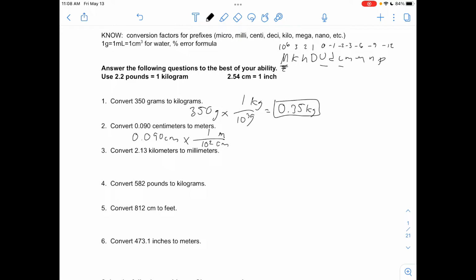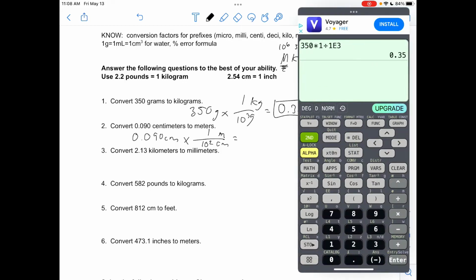If you do it this method where you put a 1 by the bigger unit, the exponent will always be positive. That's why I like to do it this way. So 0.90 times 1 divided by 1E2, and I get 0.0090 meters.